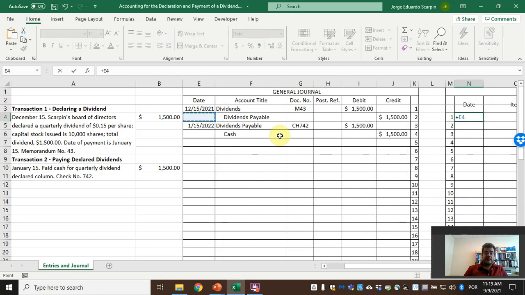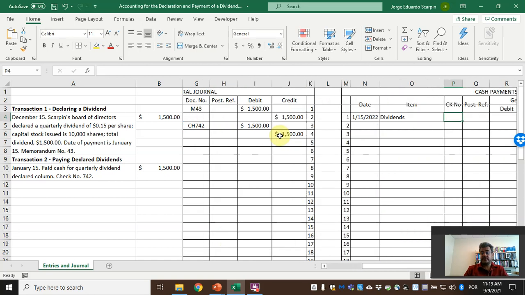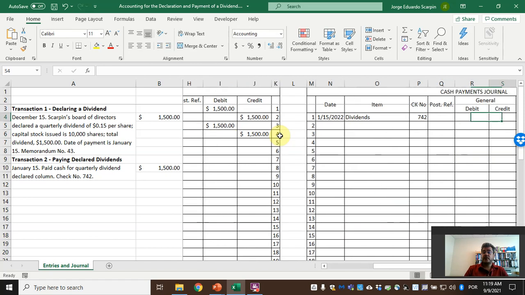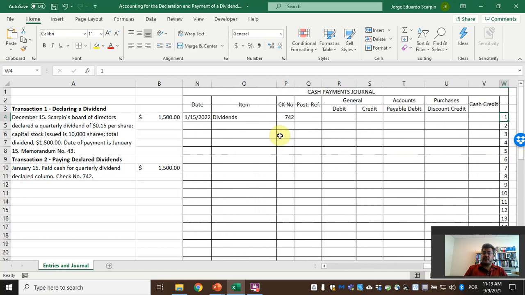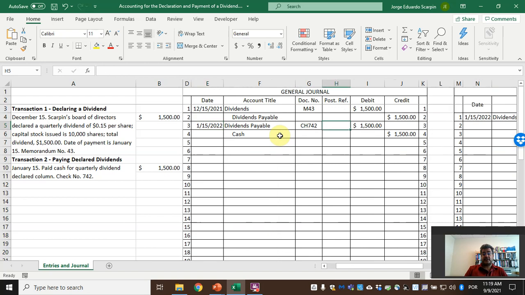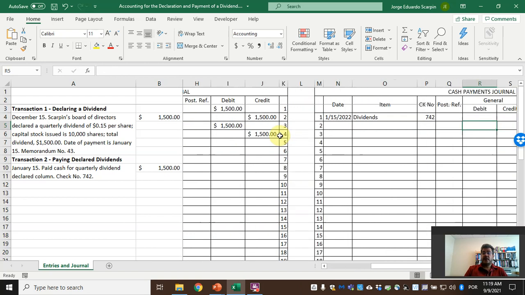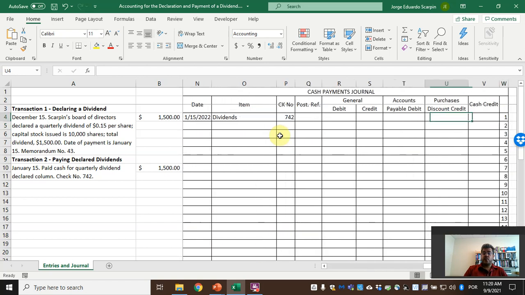Date, the same date here. What are we paying? Dividends. Check number 742. General. Is it general? Accounts payable, purchase. It is not purchase. It is not accounts payable. It is dividends payable. So it is a general here. So we are paying.